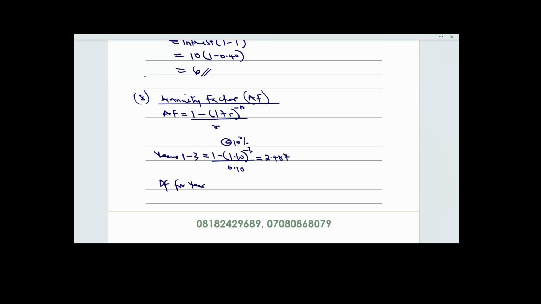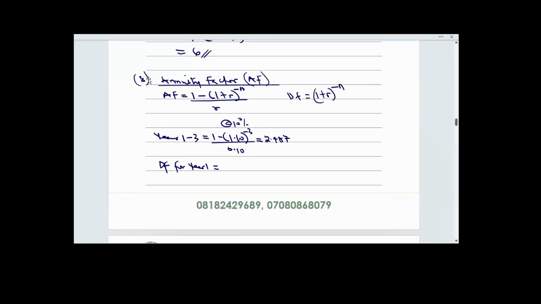Discount factor, as you know, is equal to (1 plus R) raised to power minus N. So in this case, the discount factor would be equal to 1.10 raised to power minus 1 at 10%. Of course, this is equal to 0.909.